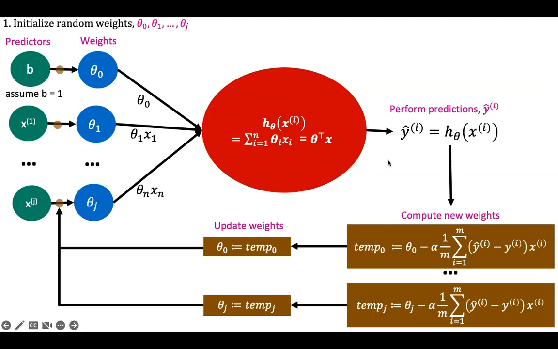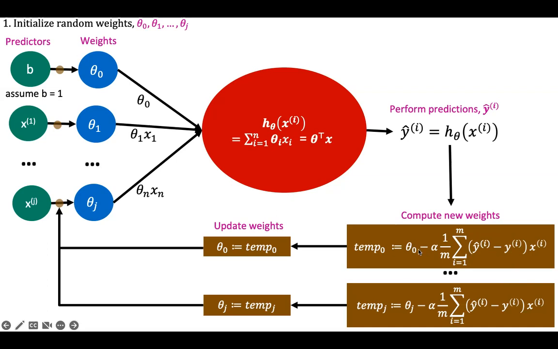So we have to iteratively compute new weights until such time that we obtain a minimized cost. And in order for us to compute new weights, we can simply use this formula. We have the temp for all of the weights. We simultaneously compute the new values.